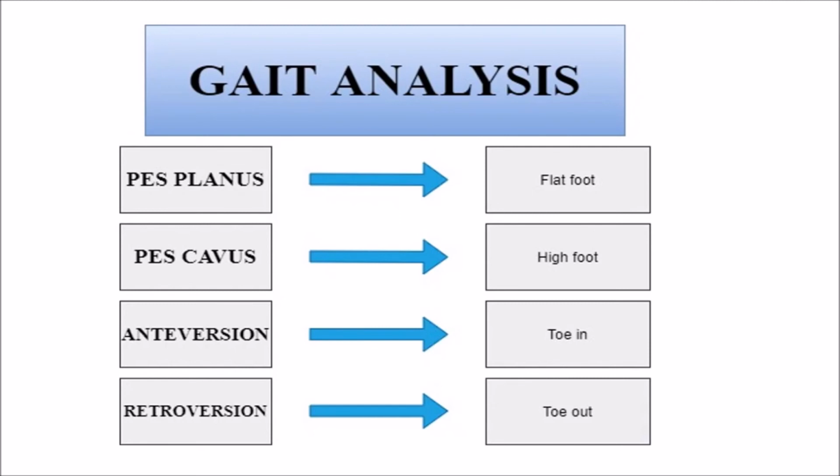All these dysfunctions may occur because of muscular incoordination or anatomical issues. Sometimes the anatomical structure is correct, but due to muscle malalignment these factors can occur.